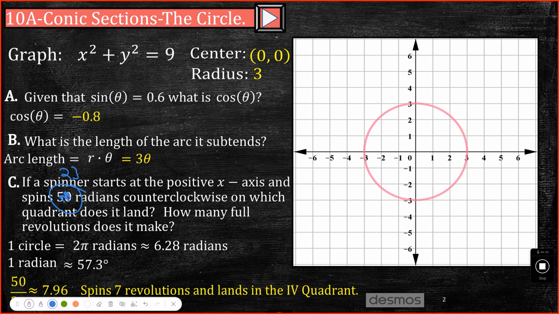With 23 radians, how many full revolutions does it make if it spins counterclockwise? 3? In which quadrant does it land?